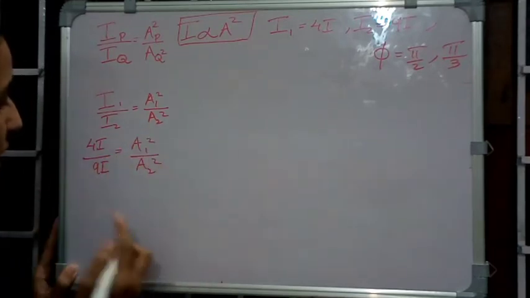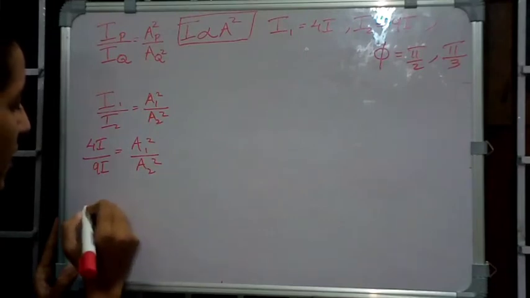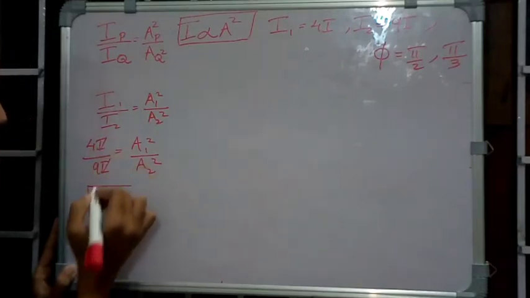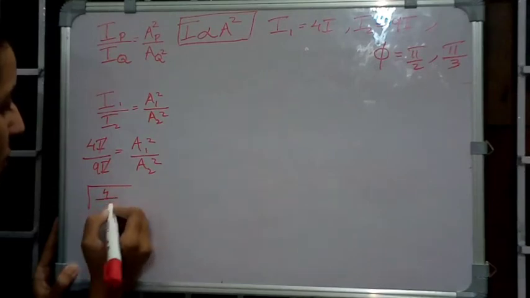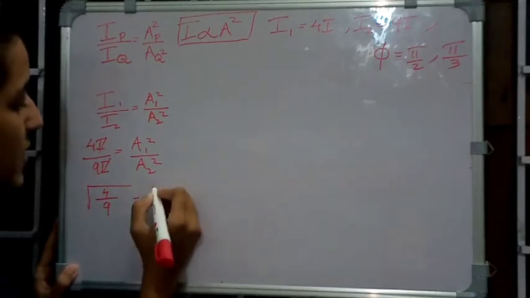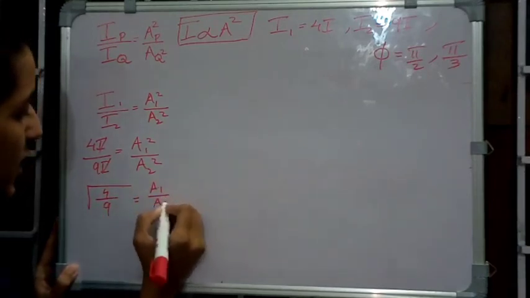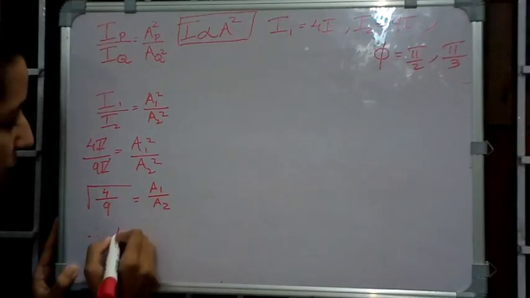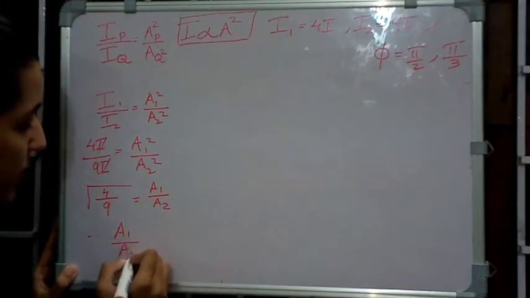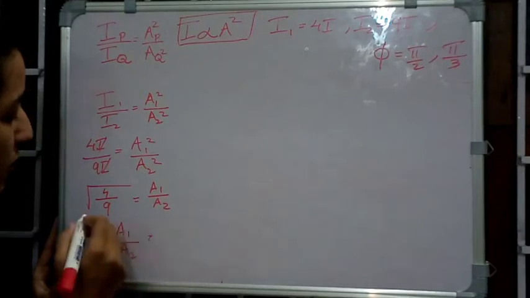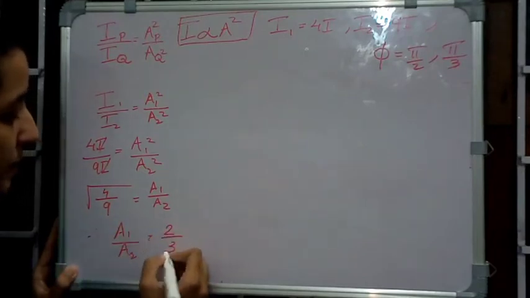On taking this square to the other side, we get root of this, I and I get cancelled, and root of 4 by 9 is equal to A1 by A2. Therefore, value of A1 by A2 will be equal to root of 4 by 9, which is 2 by 3.